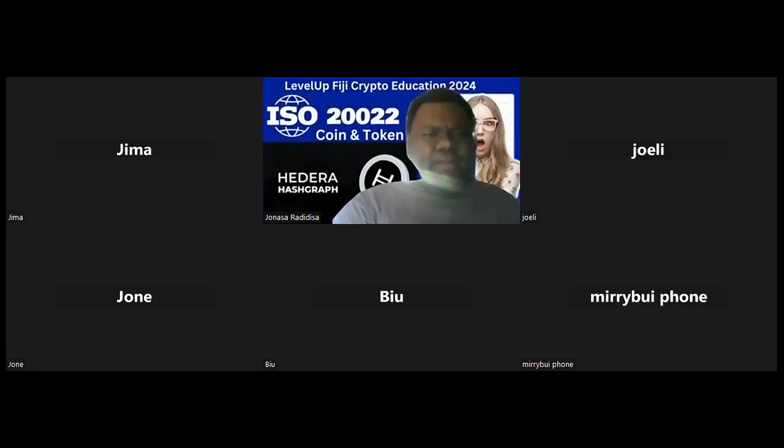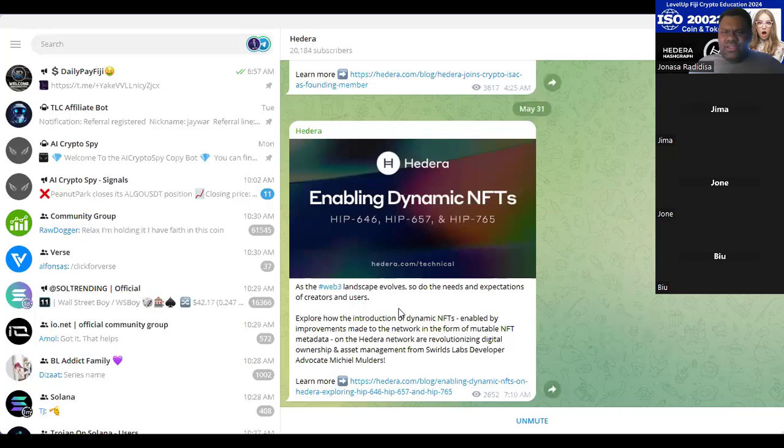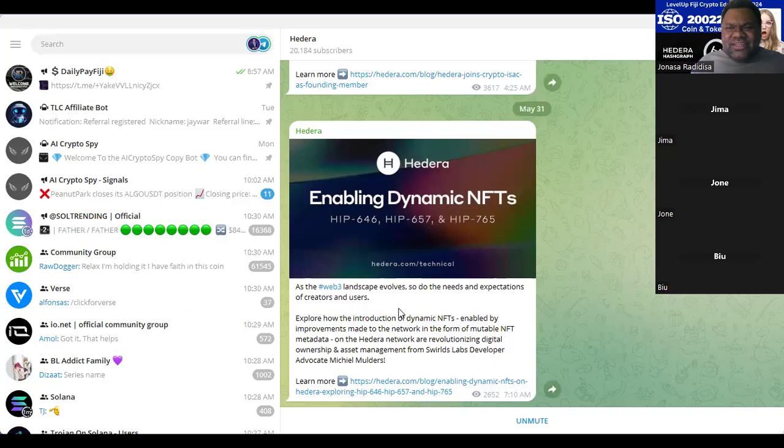Okay, Hedera. We're going to go right into the Hedera Telegram community page. This is a way to do it so that my computer or my network does not shut down in the middle while going through the website.